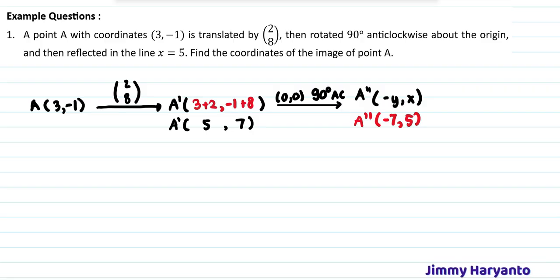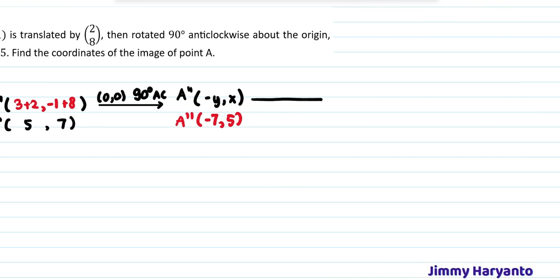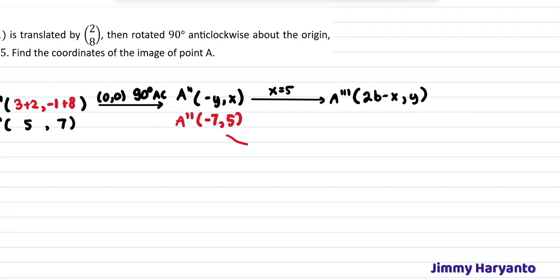And then not finished yet, we still have the reflection to the line x equals 5. That means we have to continue this one with the reflection of x equals 5. The formula says that the image will be 2b minus x comma y, and then we only have to apply the formula.